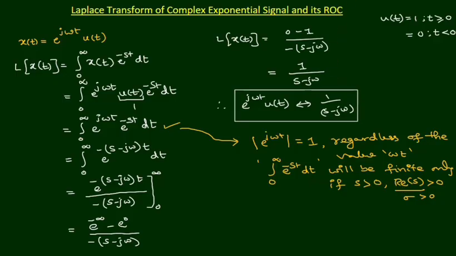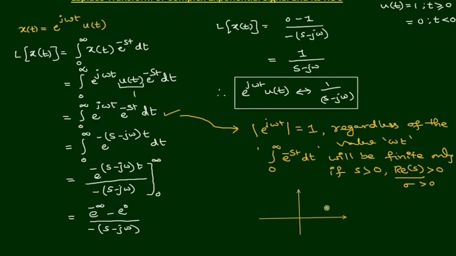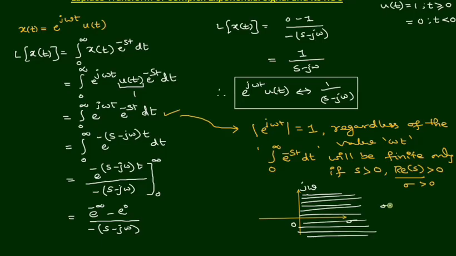Now we'll draw the ROC plot for this complex exponential signal e power j omega t. This is the S plane, where the x-axis is sigma, the y-axis is j omega, and this is the origin point. The ROC exists for the given function if sigma is greater than 0.